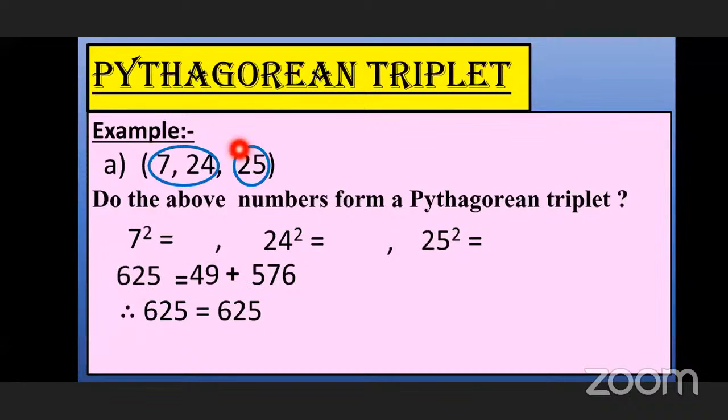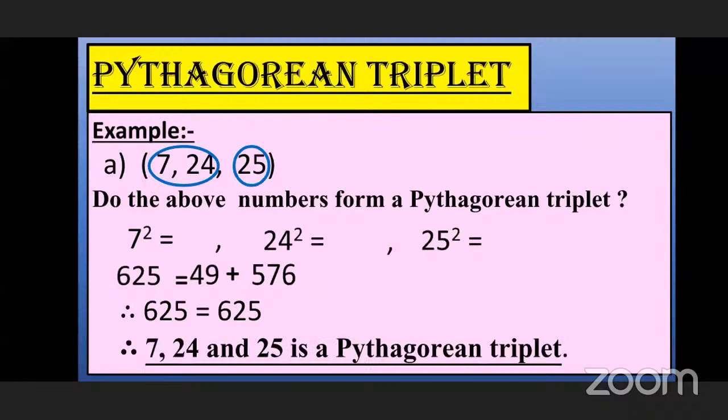That means the sum of the squares of these two numbers is equal to the square of the bigger number. So this triplet is known as a Pythagorean triplet. Therefore, 7, 24 and 25 is a Pythagorean triplet.